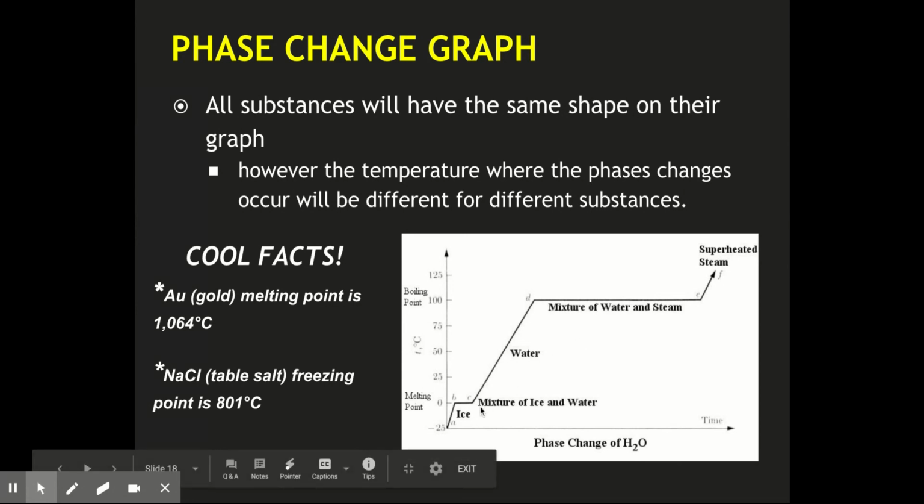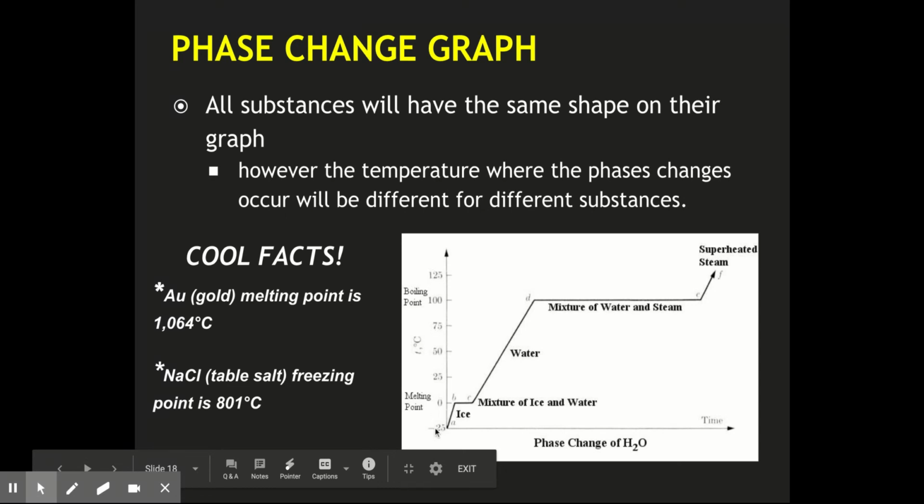So if you notice that the mixture of ice and water starts here at 0 degrees, right? So we're either going to freeze or we're going to melt. If this were gold, instead of it being 0 degrees, this would say 1064 degrees. So it'd be the same shape.